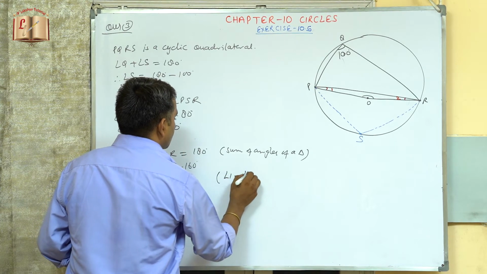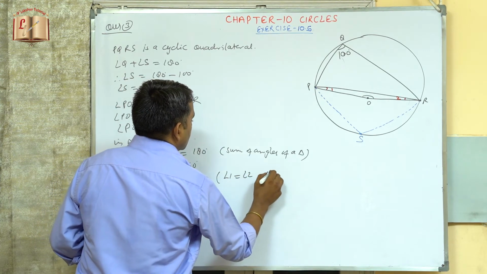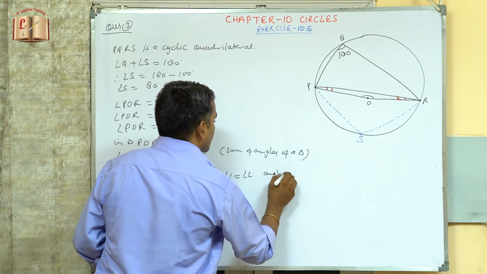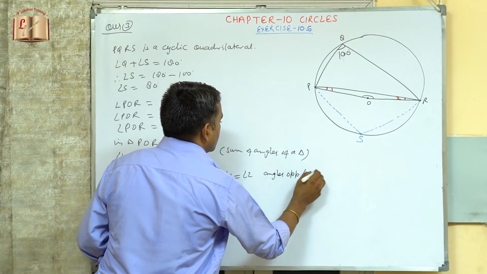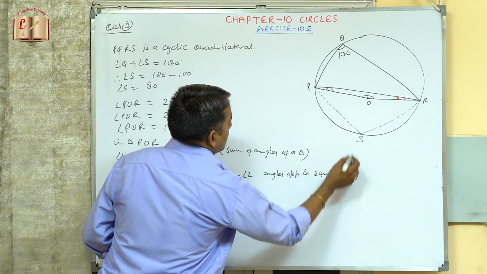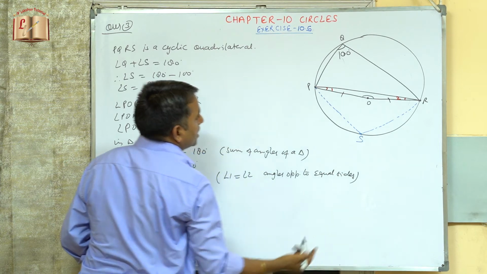Angle 1 is equal to angle 2, because they are the angles opposite to equal sides, as these sides are radii.